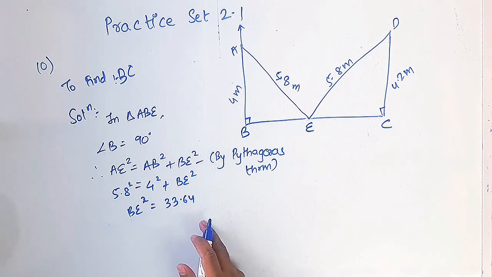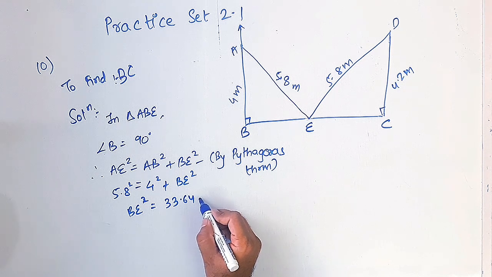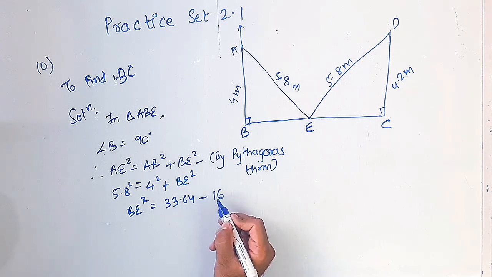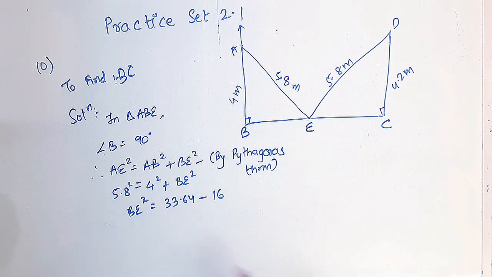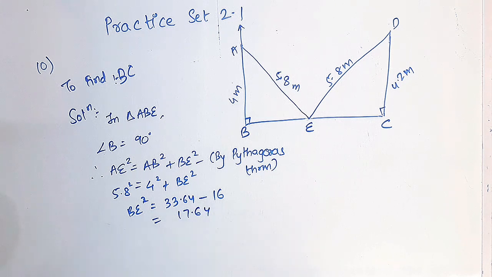If you make 58 square, it will be 3364. 4 square I'll send there. Then what is the difference? 33.64 minus 16 is 17.64. And the square root of this is 4.2. Now BE is equal to 4.2, and we have to find EC.